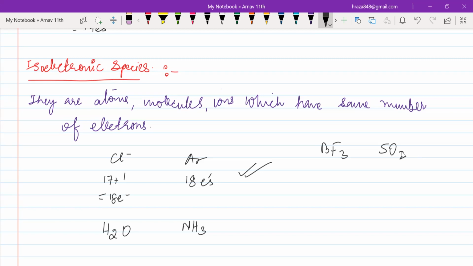So H2O and NH3 are isoelectronic. How many electrons do they have? 10 each. 10 electrons, 10 electrons. Very good.